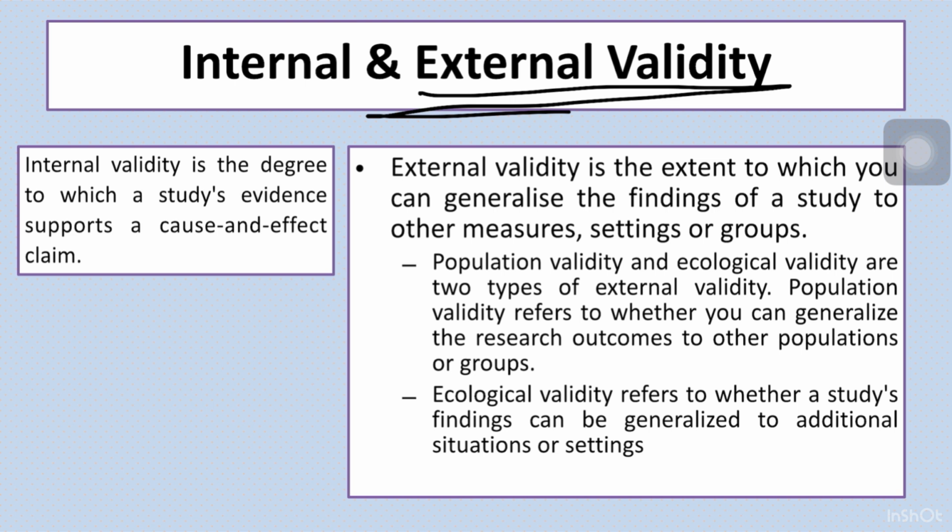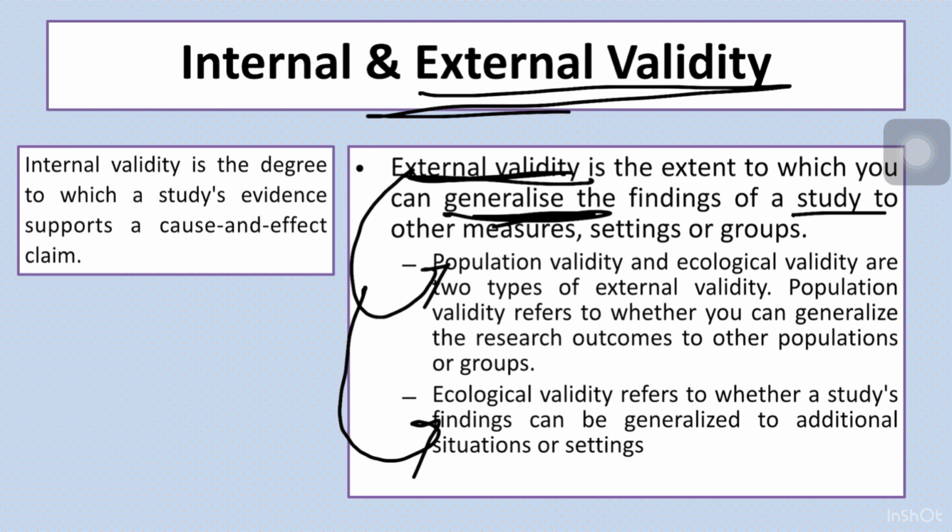Now, external validity is a kind of validity that generalizes your results to other studies, right? Over here in external validity, we have two types. One is population and another one is ecological. Now, population validity is whether you can generalize your research outcomes to other kinds of population or group or not.